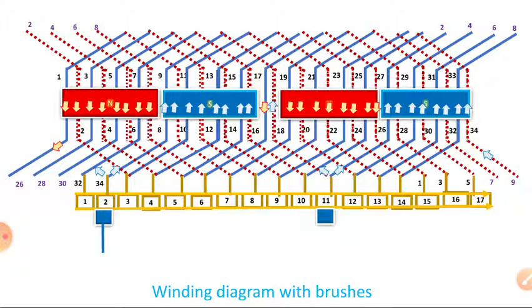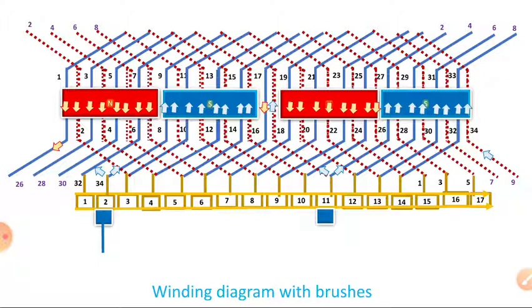So that's why away from the commutator segment I represent as a blue color. Similarly, in the 11th commutator segment, the end connections of 26th coil side and 18th coil side, the current is going away from the 11th segment. So represented as a blue color. So blue color represents a negative coil, negative brush.